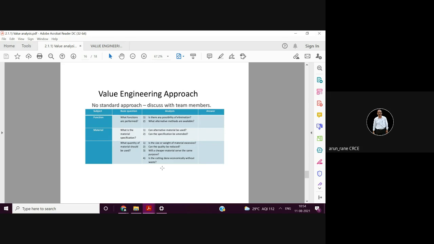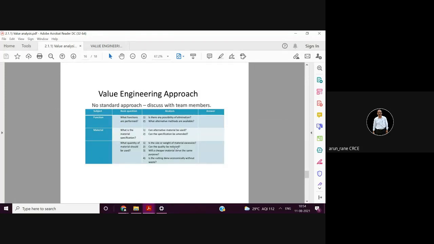Of course, there is a mathematical model for this, EOQ, that what should be the batch size to order. So this is what quantity of the material should be used. Or sometimes instead of buying 5 pieces, it is more economical to buy 10 pieces. Of course, you have to consider inventory, space, etc. So this is the meaning of what quantity of material should be used.